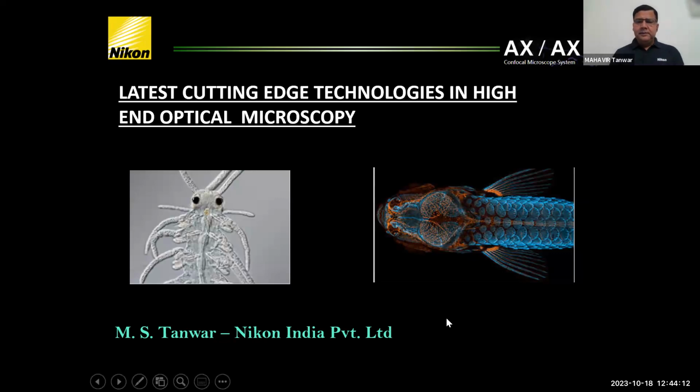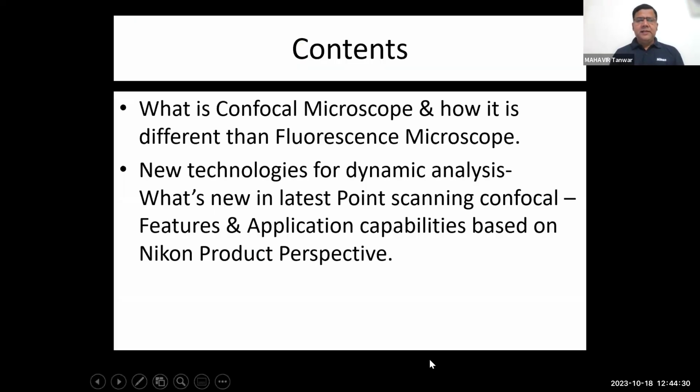So let's start. I'll be talking on two topics. One is, of course, fluorescence and confocal microscopy, as well as super resolution microscopy, what is beyond confocal. So basically, the content of this presentation is what is confocal and how it is different from fluorescence microscopy.